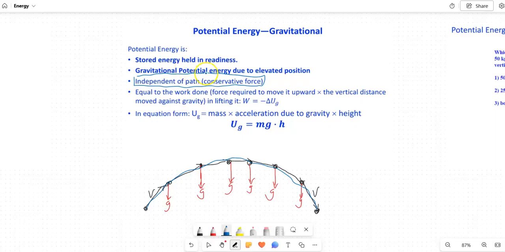All right? So really, just to get to the point of it, gravity is the weight of the object times its height. That's its stored energy. And so I think of potential energy due to gravity as just the energy of height. All right? So I just call this the energy of height.